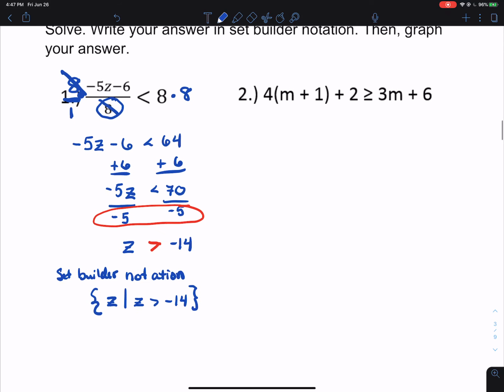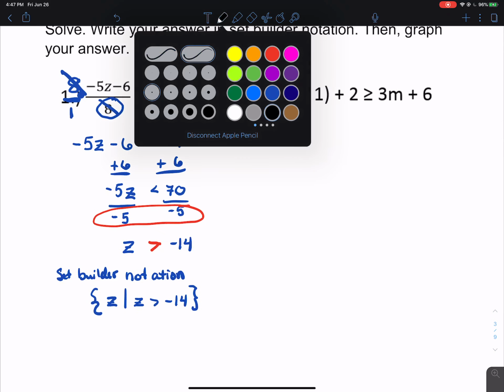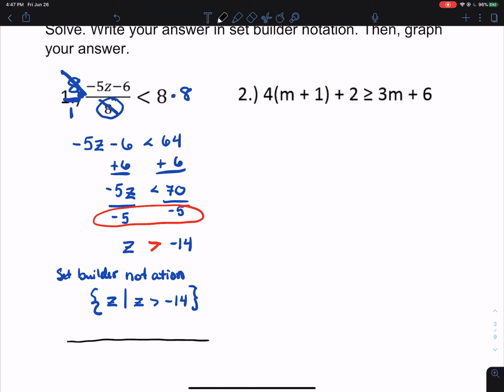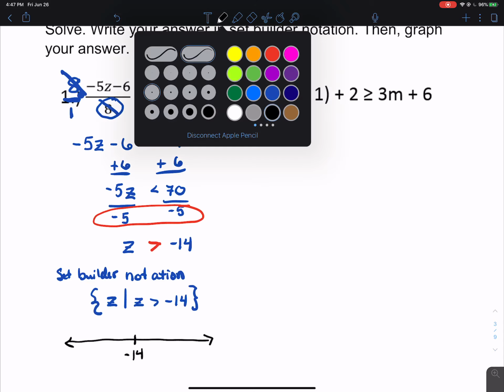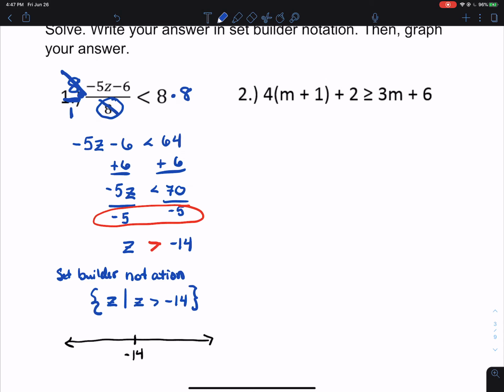Then I also need to graph my answer on the number line. So I'm going to draw my number line. I absolutely have to have negative 14 on my number line. Then if I look, that inequality symbol is greater than. There's no equal to underneath it, so I'm going to have an open circle. And because it's greater than, I want the numbers bigger than negative 14, or to the right of it.